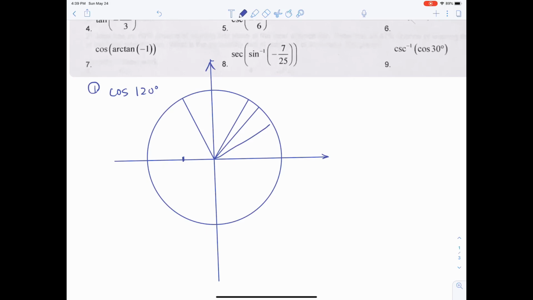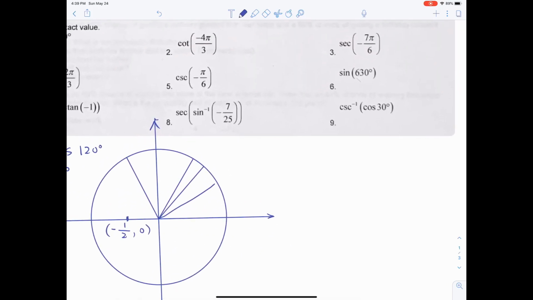It is right in half of 1, so it's half, and its x value is this, y value is 0. So this is your work process, and this is how you show your work. So cosine 120 degrees equals negative half.